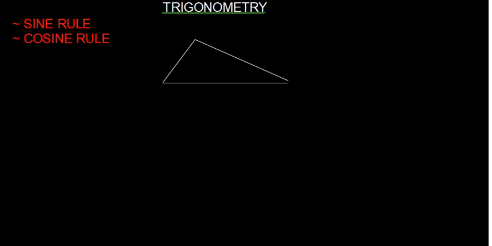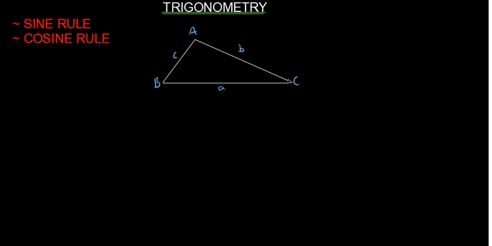Yes, so we have that triangle there. Let's say we have our A here, we have our B, we have our C here. Sorry, not really A, but we have our small c, we have our A here, we have our B here.